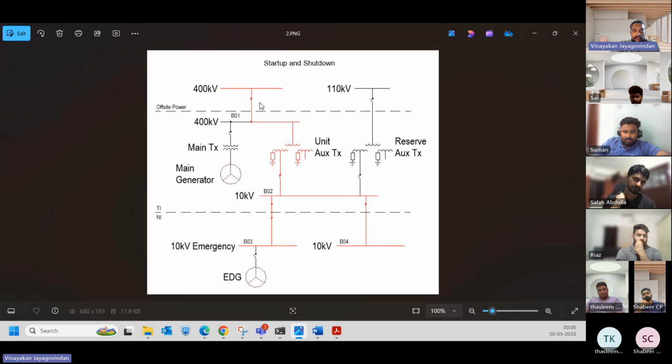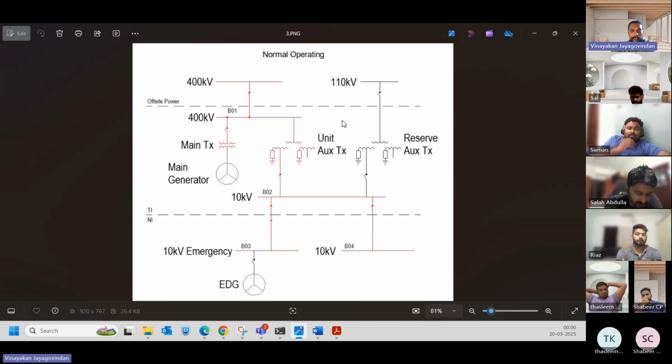You can see the red mark which I have marked in this SLD. The power is taken from this 400 kilovolt offsite grid, and through this unit auxiliary transformer, we are achieving the desired voltage for each bus required.